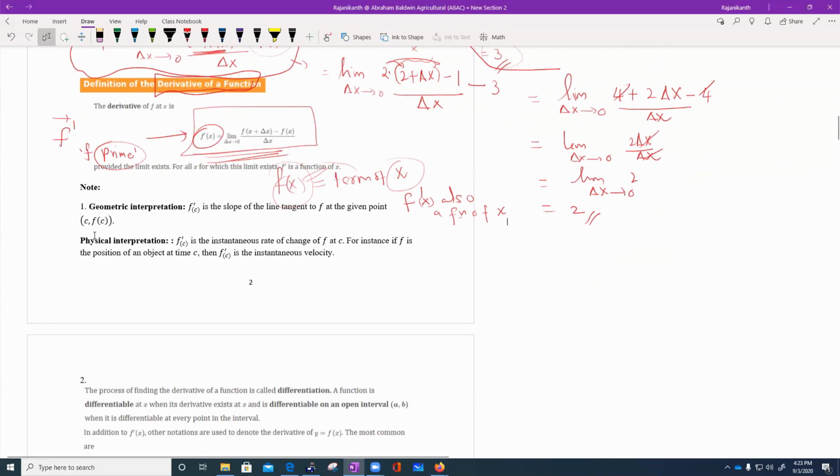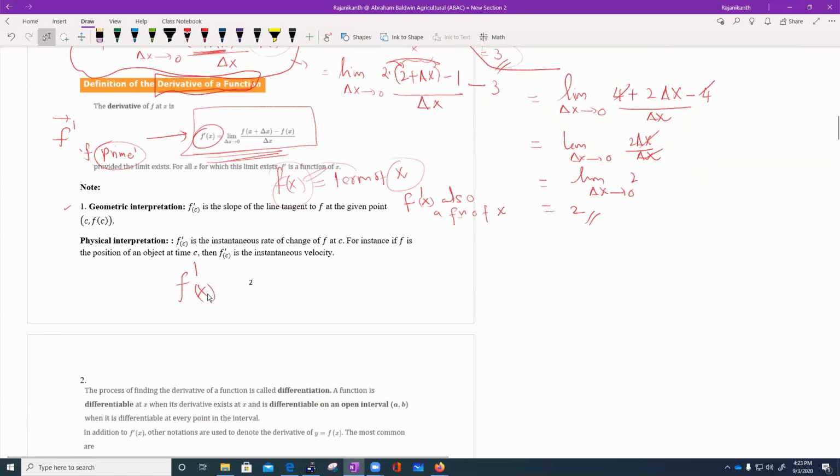Now I have included two properties of derivatives. The geometric interpretation of the derivative at the given point c is nothing but the slope of the tangent at the given point c. So if you see this notation hereafter, what does that mean?